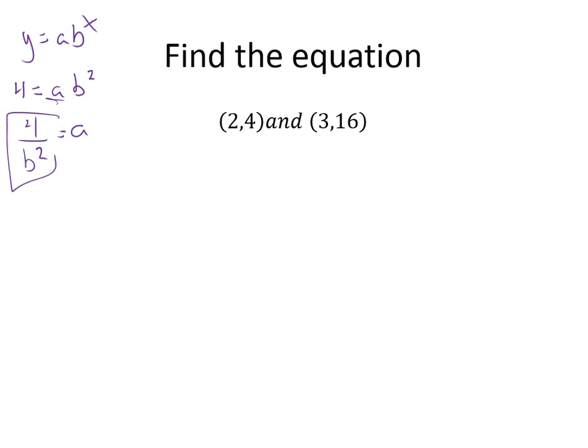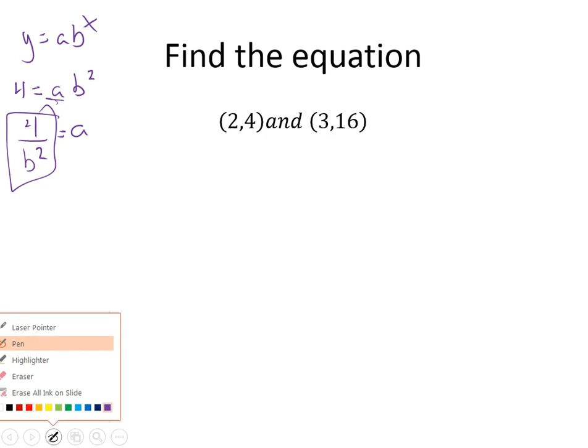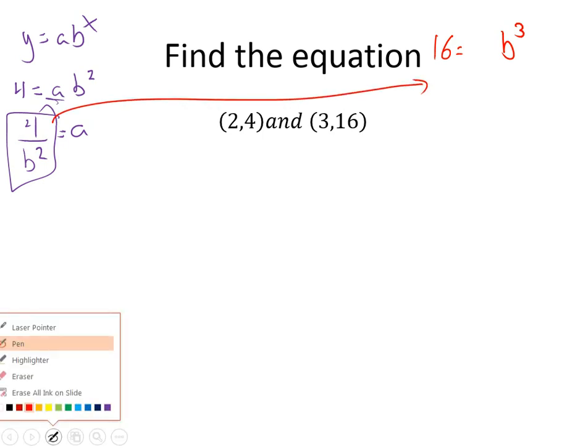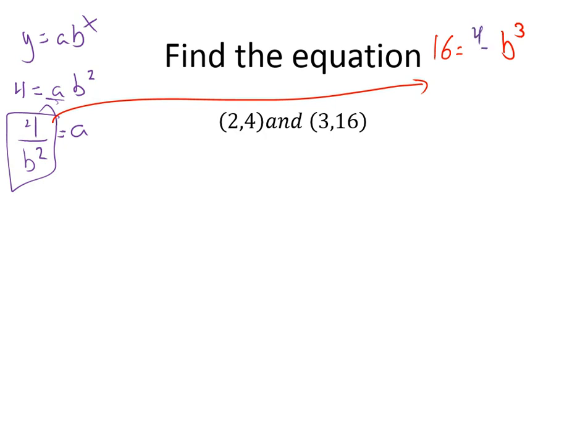Now we plug this into our next equation, which is set up as 16 is equal to a b to the third, and we put 4 over b squared in for the a.